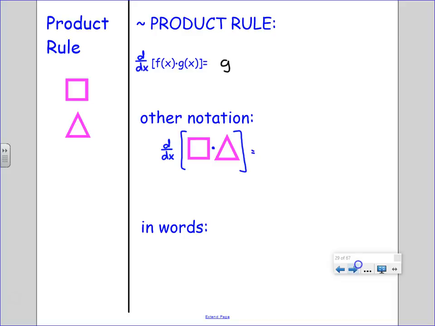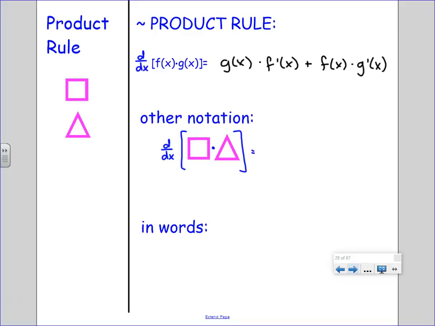I say the derivative of the product is the second function times the derivative of the first function plus the first function times the derivative of the second. Ugh, well that was a mouthful.